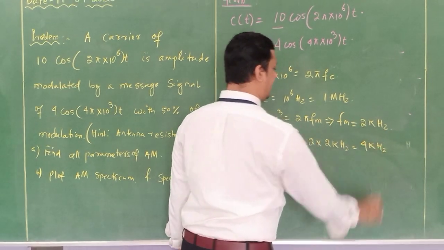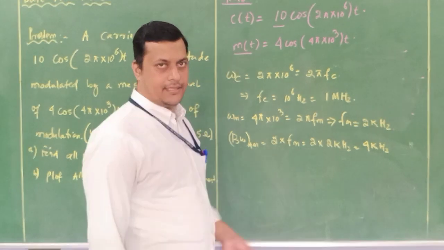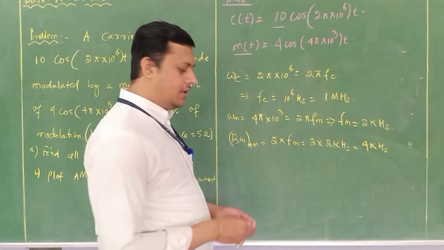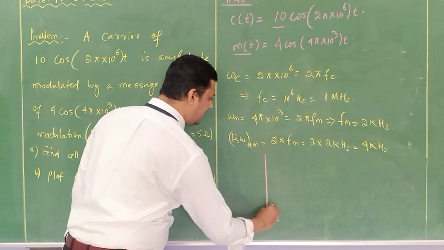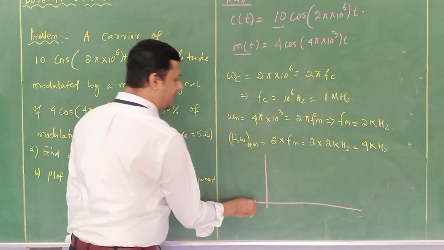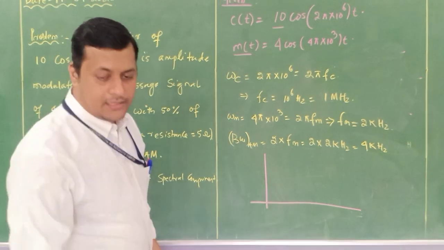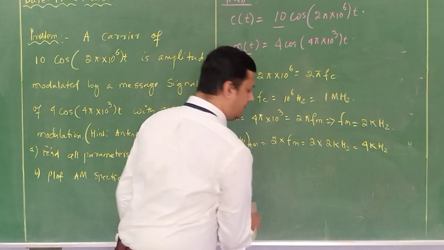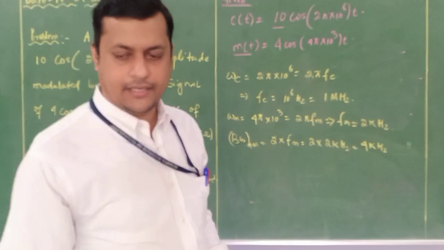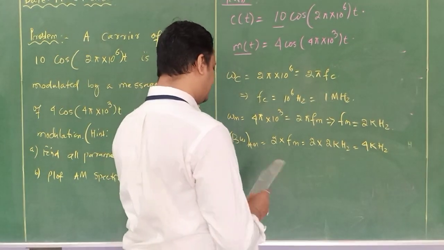So this is my bandwidth. Now spectral components are what? Spectral components means, for example, if I am drawing only for the right hand side, I am not representing the left hand side. It is just a reflection. We need not worry about it. You can represent this in one part only.